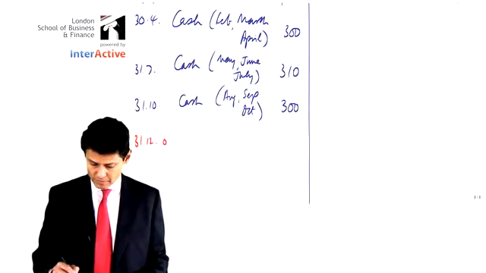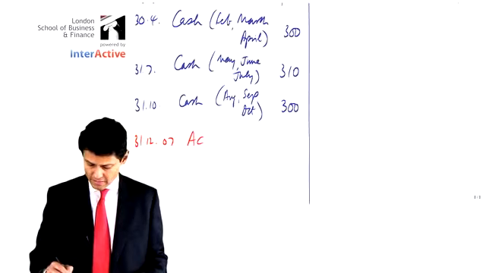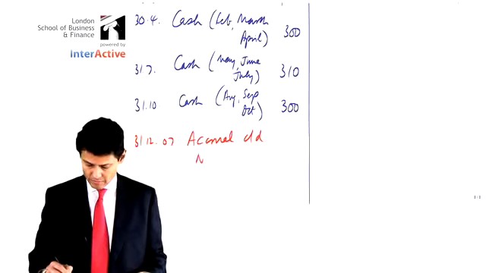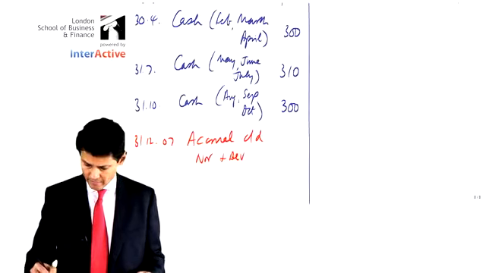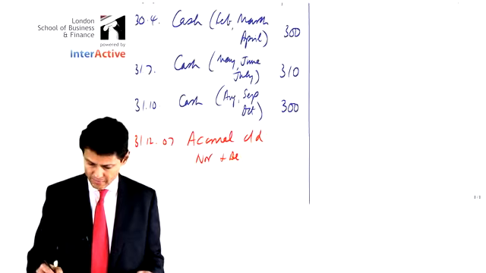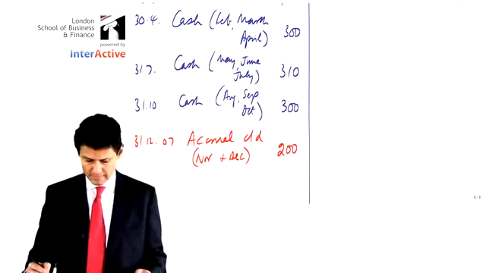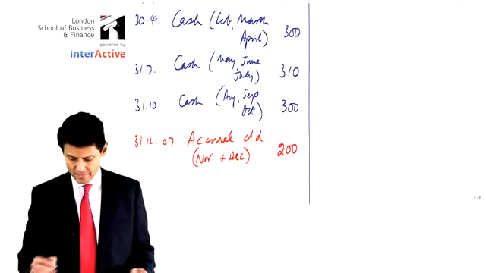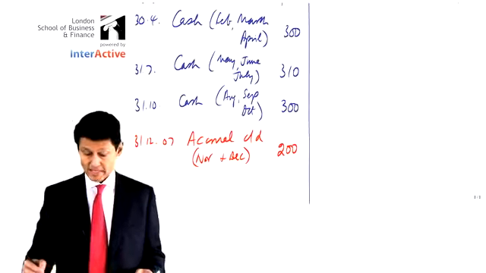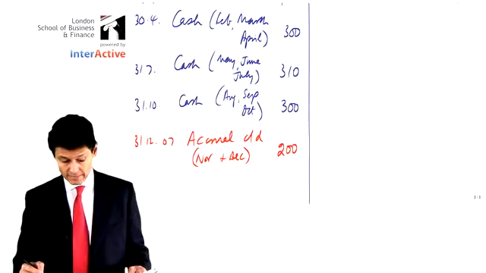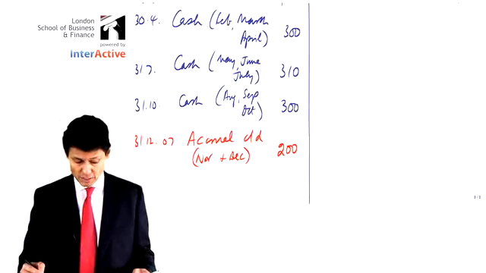So by December 2007, I need to have an accrual carried down for November and December at the rate of 300 for 3 months. So obviously at the rate of 100 per month, it is 200. And that's for November, December, as if it's at the rate of the October bill, in case prices are changing.